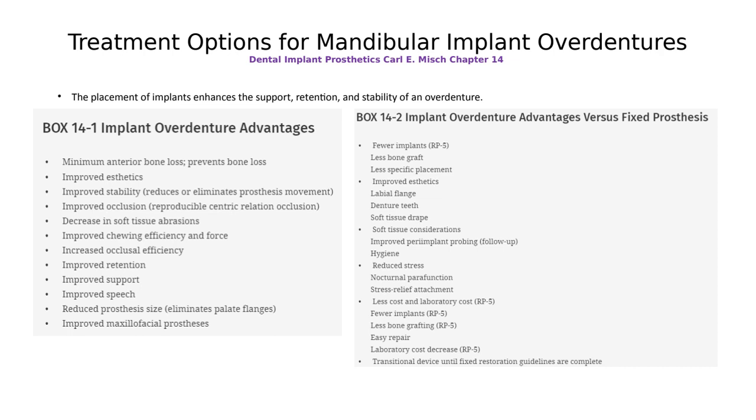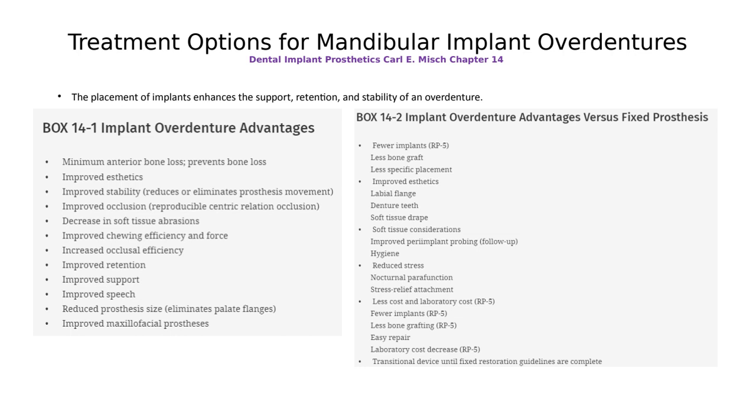Decrease the soft tissue abrasion, and this is very important. Many patients complain, and rightly so, that they have sore spots on their gum because the denture moves. When they eat, the denture has a little bit of movement, and even though the denture is smooth inside, with no rough edges, it still sometimes creates sore spots on the tissue.